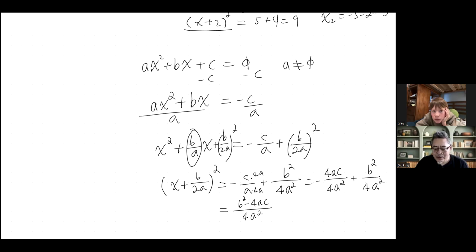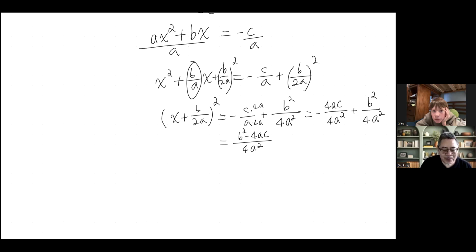And then we do the same as we did in completing the square: we take the square root on both sides. So we get x plus b over 2a, and the other side is plus or minus the square root of b squared minus 4ac over 4a squared.